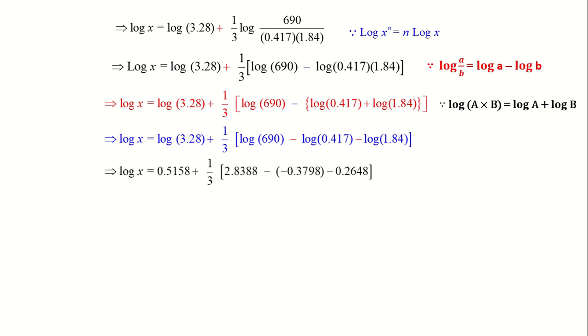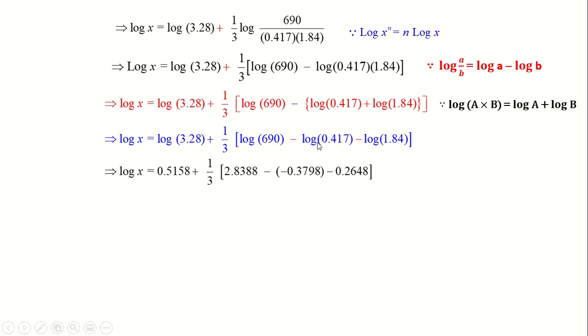Using calculators, we may write the values of log of all the three numbers, as log of 690 is 2.8388 minus log of 0.417. Using calculator up to 4 decimal point, it becomes minus 0.3798, and log of 1.84 is minus 0.2648.